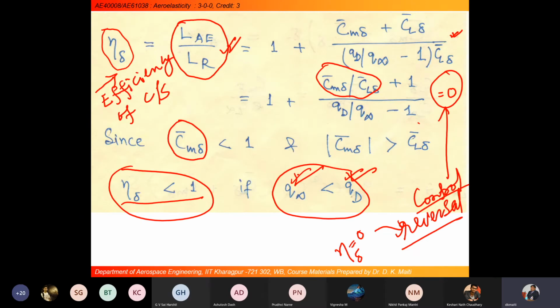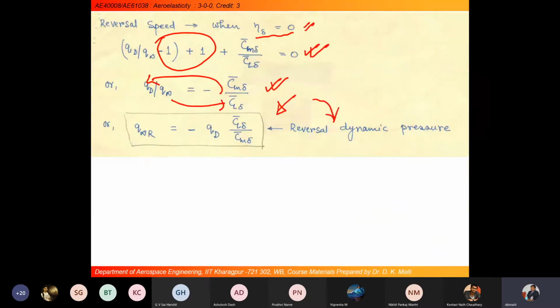What we have considered here is the efficiency, which I am equating to 0. And from here, after simplification, this will be cancelled, and we get the information about q reversal: q infinity, the free stream dynamic pressure, is equal to minus Cm delta bar by Cl delta bar.